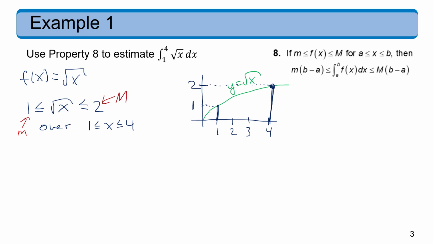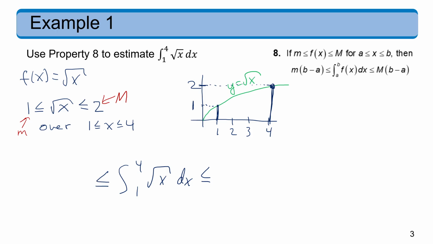Okay, so now we have everything we need for the setup. Now we can arrive at our conclusion. So our integral will be in the middle, and then we'll have inequality signs, less thans, on both sides.